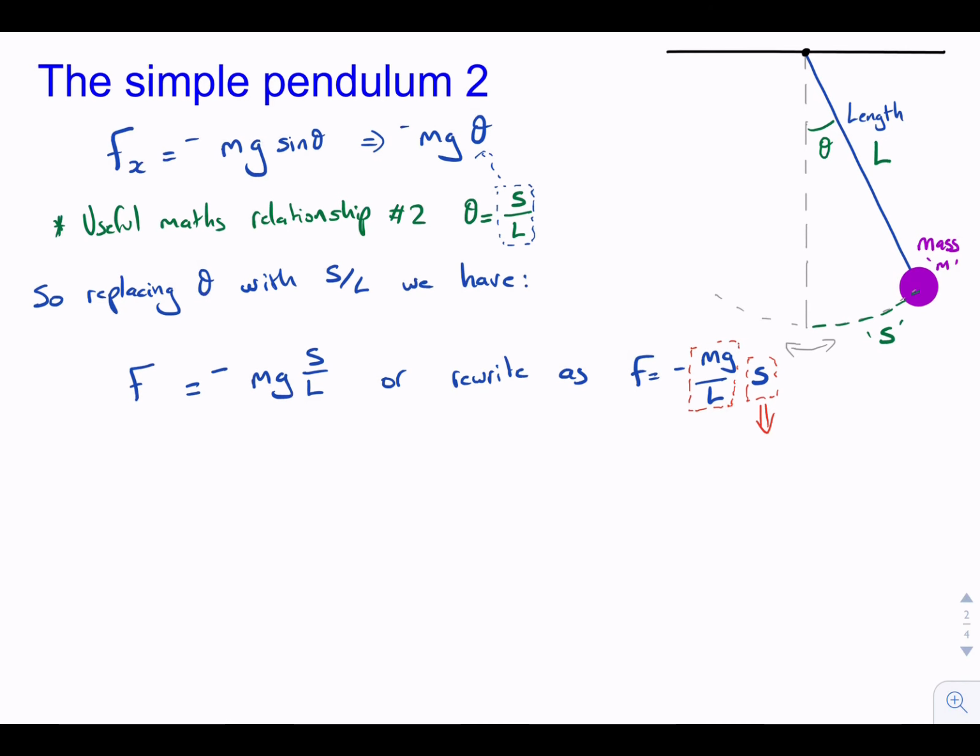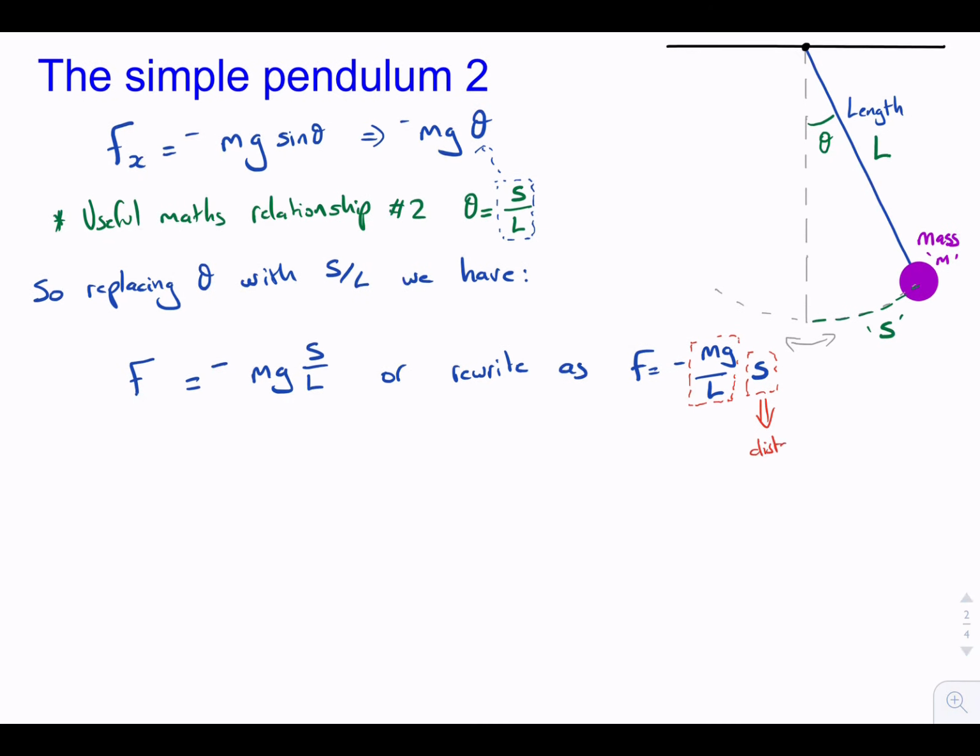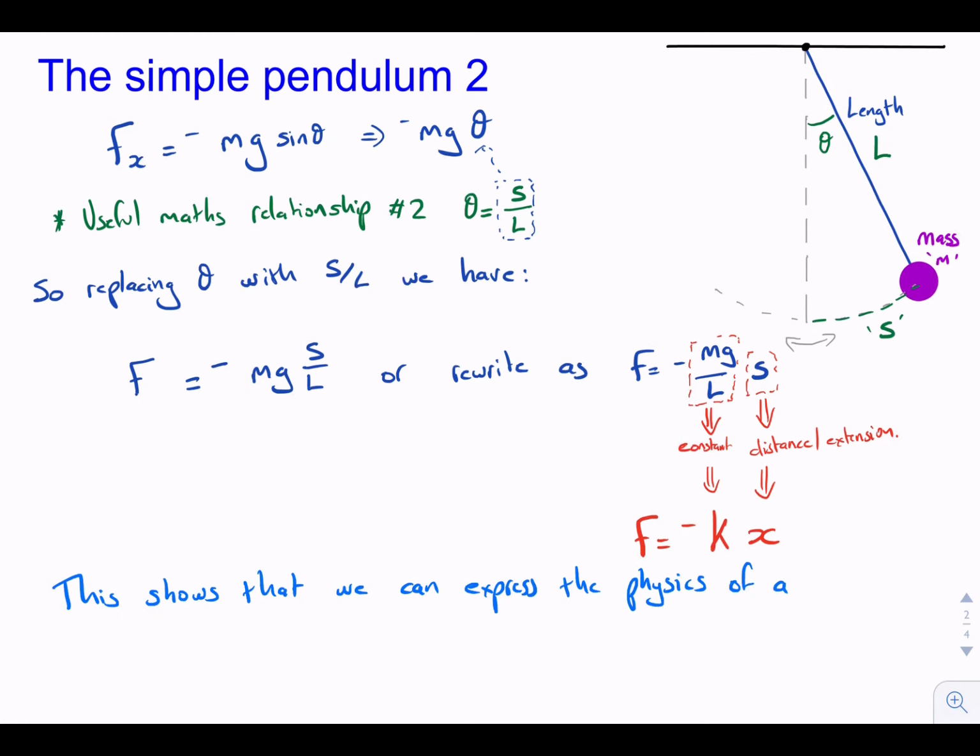And this looks a lot like Hooke's law. s is the distance or extension, and mg on L is a constant. A reminder, Hooke's law is F equals minus kx, where k, in this case, for the pendulum, is mg on L, and s is x. This shows that we can express the physics of a simple pendulum using the simple harmonic motion relations.